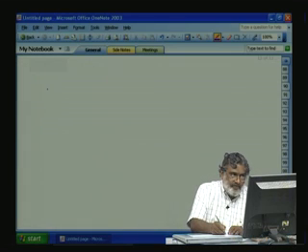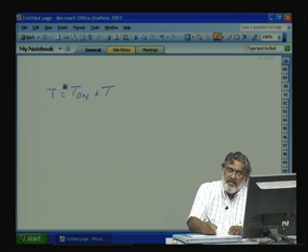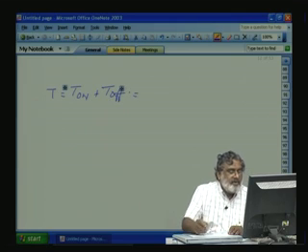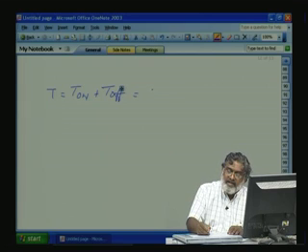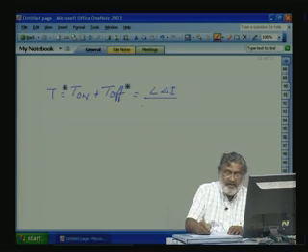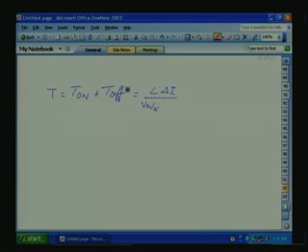The total period T is equal to T on plus T off, which is equal to L into delta I by VDC by 2 minus EC, plus L into delta I by VDC by 2 plus EC.